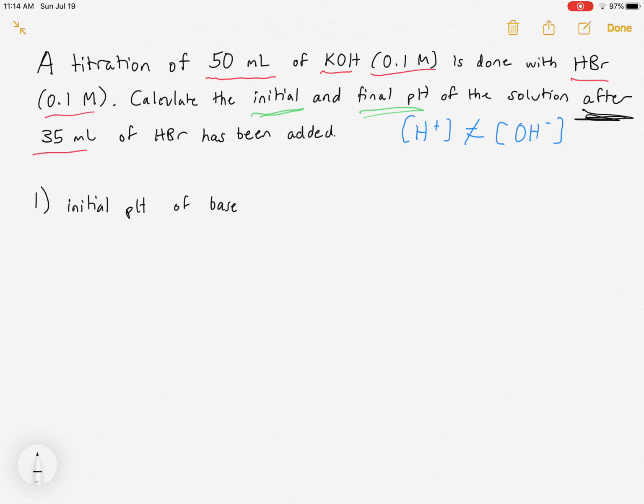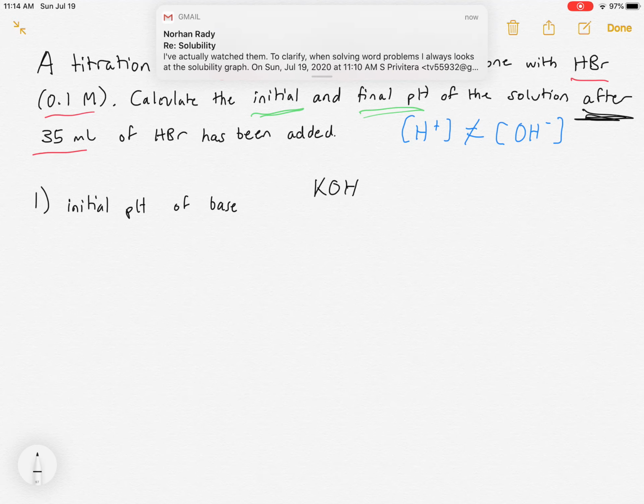So we know that we have potassium hydroxide, 0.1 molar, and because potassium hydroxide only would dissociate to release one hydroxide ion per potassium hydroxide compound, it's a 1-to-1 ratio, right?